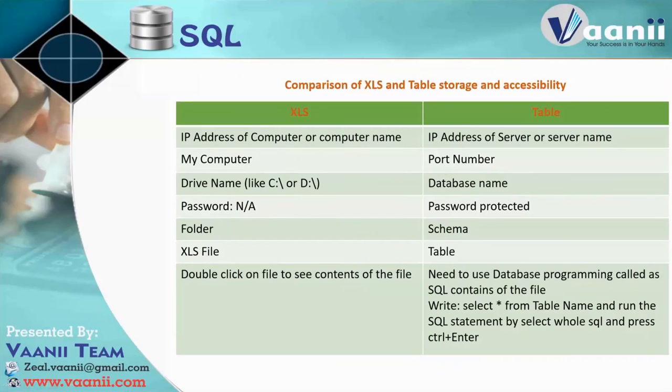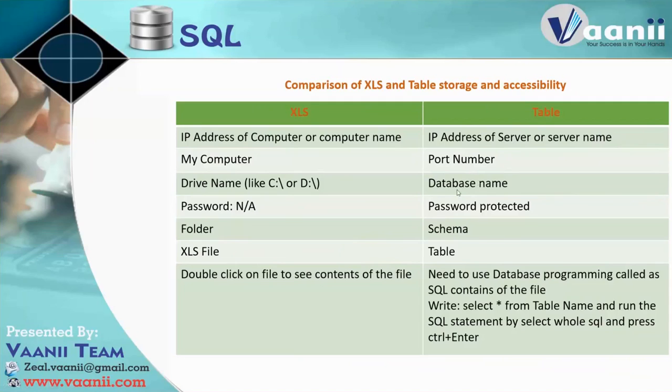So if you are creating one Excel sheet, you are putting data into it, you are storing it in a folder, and then the folder will be in some computer. The computer will have an IP address. In the same way, there will be a database, and on which server the database is stored, that is the IP address. The port number is basically for the database service.